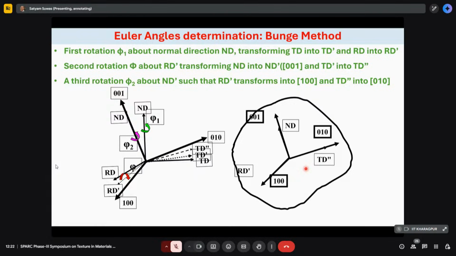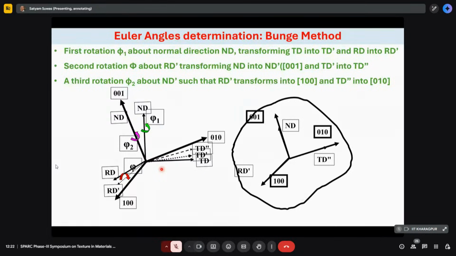And in this whole process we have just used three angles, phi1, phi and phi2. So that means a crystal which is embedded in a solid body has a crystal axis, and to describe its orientation, to give its address, right?